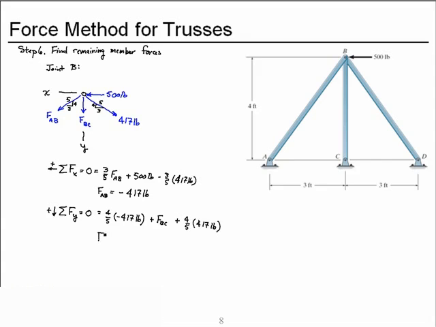Put those together, and the force in BC we get to be 0. So based on the force method, we predict a positive 417 pounds in BD, 0 in BC, and a negative 417 pounds in member AB.